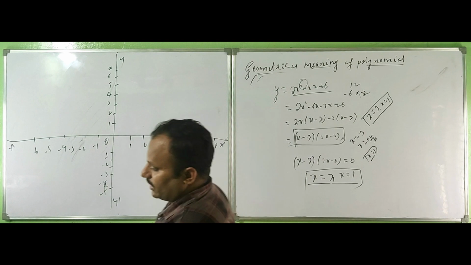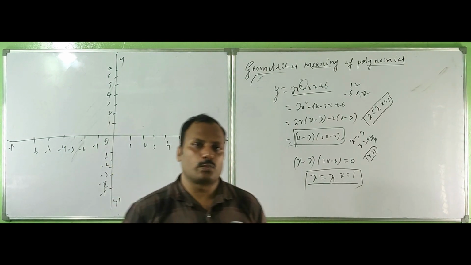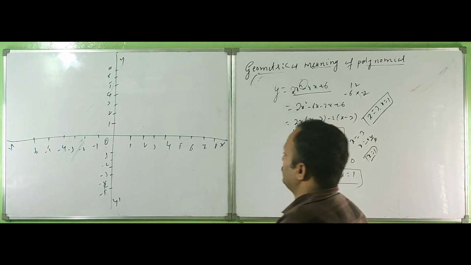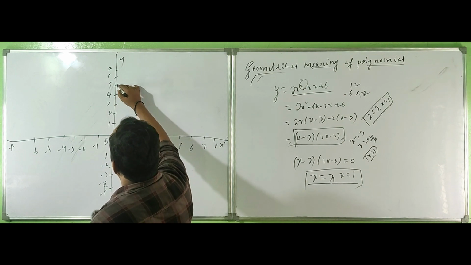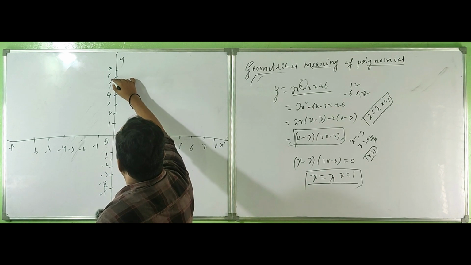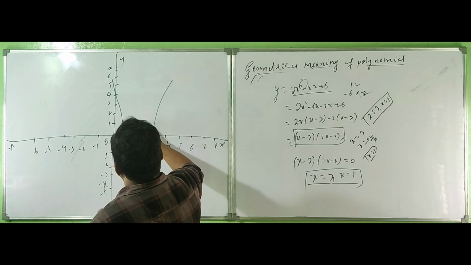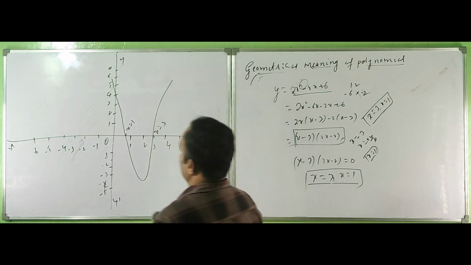By a straight line, a linear equation, it cannot be possible to plot the two zeros. So here our curve should be like this, and here x is equal to 1 and x equal to 3.